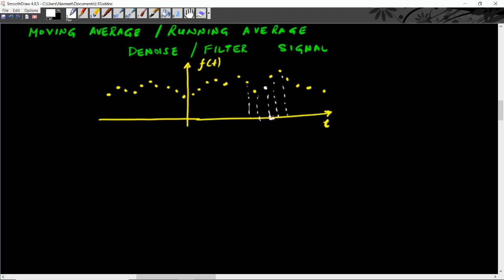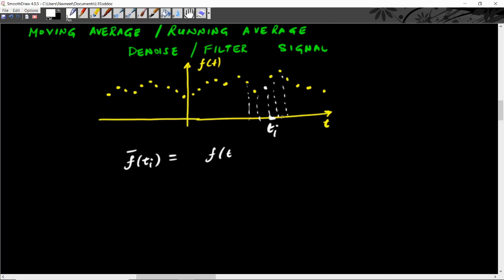So let's say this time is t_i. You can get the average value or filtered value of the function at this particular time by taking the sum of the values of that function at the neighboring points and then taking the average of that.